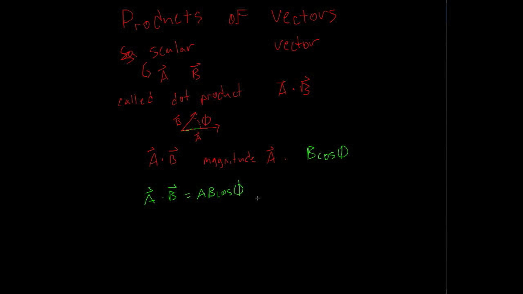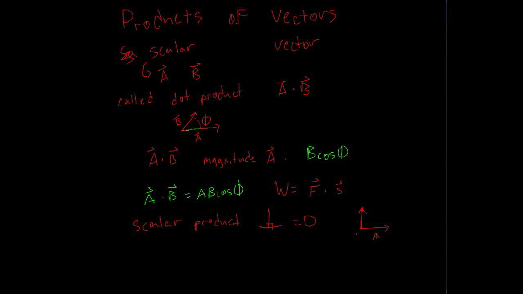Now, when do we actually use this? Well, work is actually defined as the dot product of force and displacement. Just a quick little tidbit of information: the scalar product of two perpendicular vectors is 0, always, which makes sense.